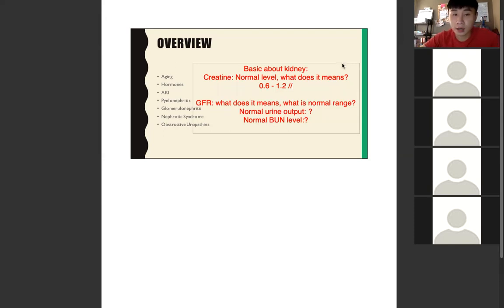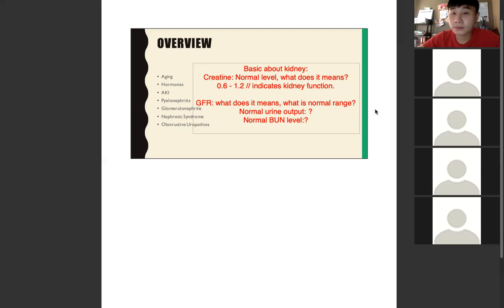So the creatinine lab indicates kidney function, as simple as that. 0.6 to 1.2, and creatinine indicates kidney function. The higher the level, the worse the kidney function is.